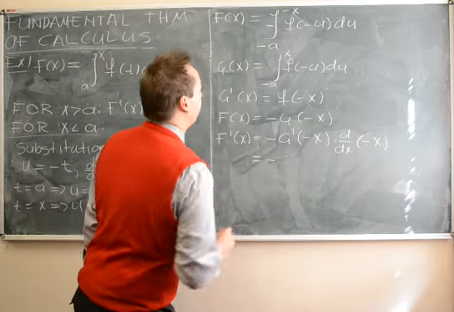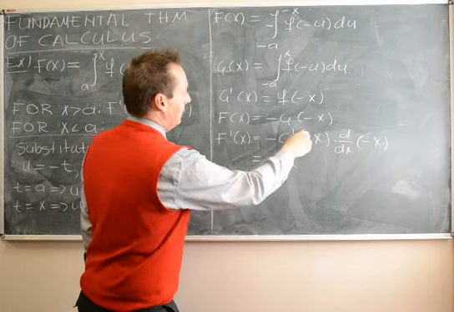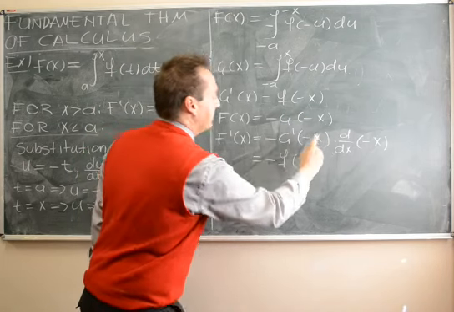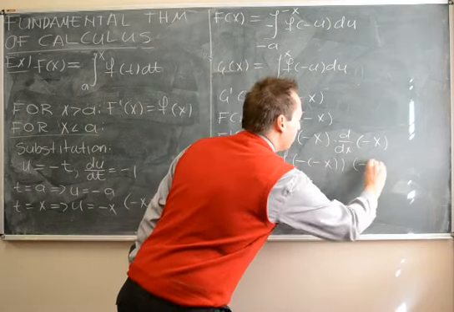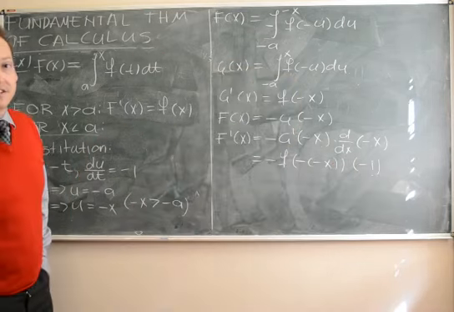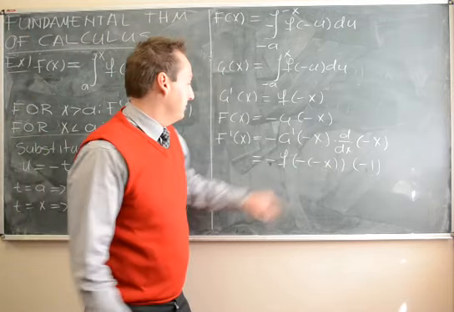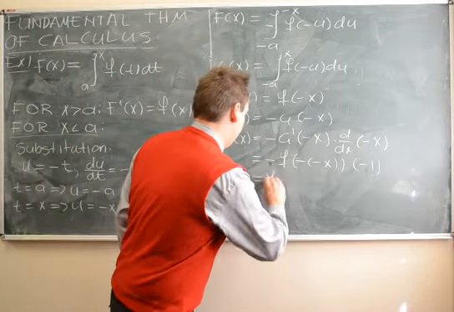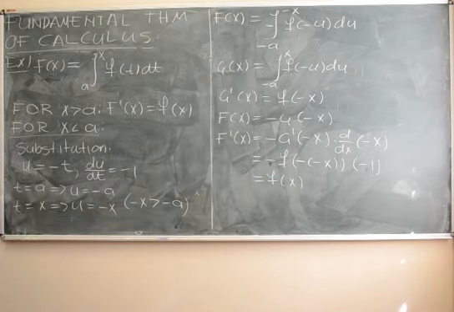So this would be minus f of, well, now instead of an x here, we need a minus x, so that would be minus x. And the derivative of minus x is minus 1. So you see this minus and that one cancel. So still we get f of x.